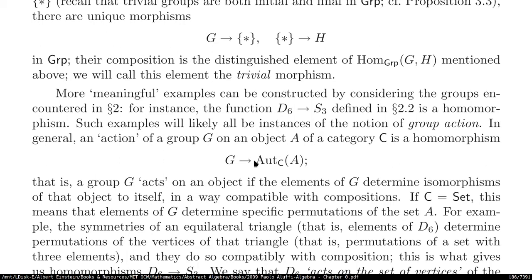So this is a more general version of compositions, right? So you have a way of taking elements from G, and for each element you determine isomorphisms which go from that object to itself, right?